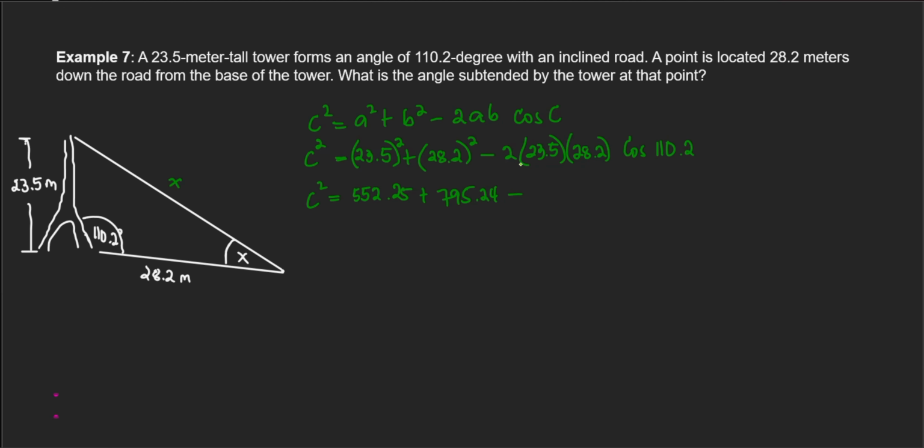In this part, you do calculation automatic. So 2 times 23.5 times 28.2. So meron tayo 1325.4. Then multiply by cos 110.2. Now, i-add lang muna 552.25 plus 795.24.